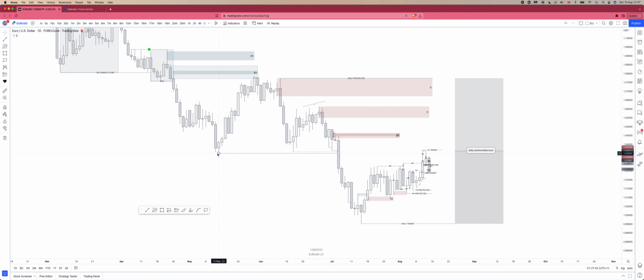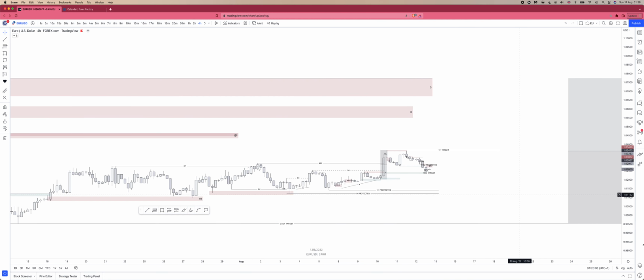We have tapped into this whole supply range, as you can see here, which is also within the 50% of the premium discount leg. So we have some supply zones within there, but all this is future liquidity to take for the target following higher time frame trend.